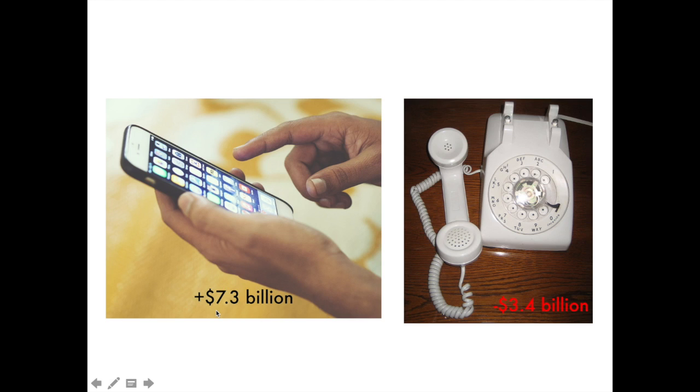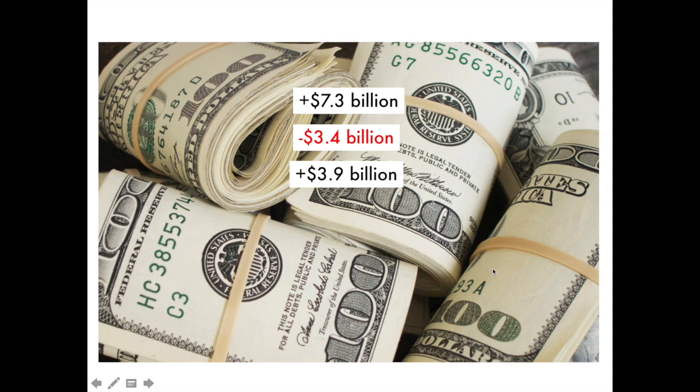It's making you $7.3 billion, even though you're losing $3.4 billion in this government contract that you're locked into, making these glutamine rotary phones. So as long as you keep producing the iPhone, you still have the capital to continue to produce those landline phones, and you're still making a profit of $3.9 billion.